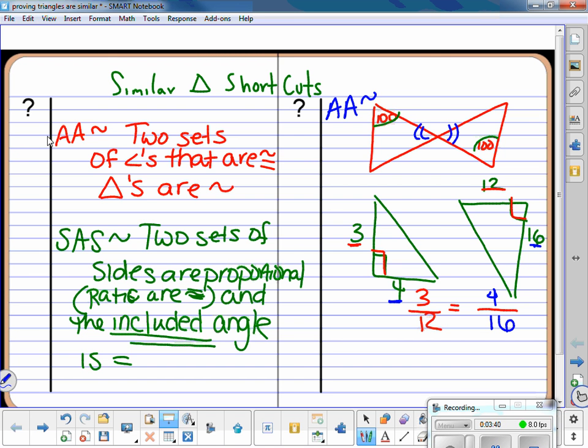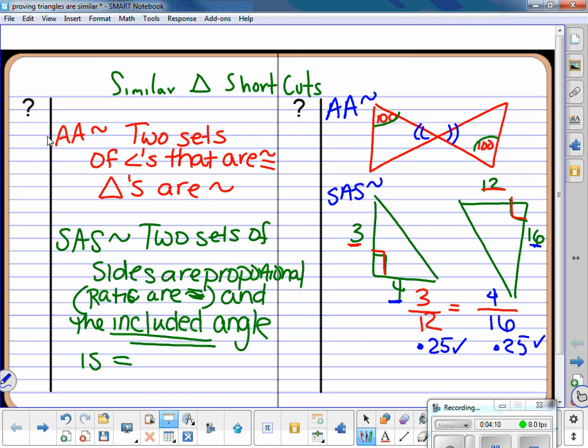If I reduce this, I am going to get 1/4, or if you put it in your calculator, 0.25. That means they are equal. Therefore, this is similar by side, angle, side. Okay? If one of them was 1.25 and the other one was 0.3, they're not equal. And this would mean that these triangles are not similar.